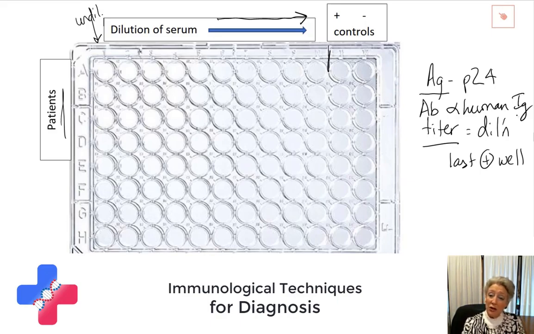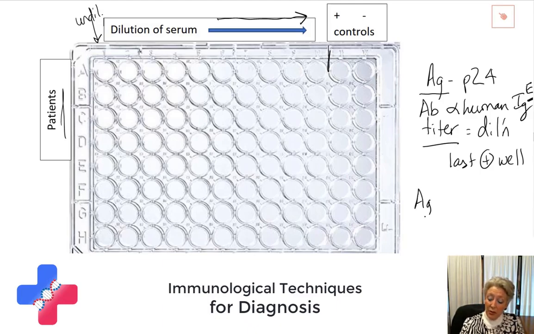When I add that to all wells universally, and that antibody is conjugated to an enzyme, when I finally, at the last step, add the substrate for that enzyme, I will get a color change if all of these things happened in sequence.